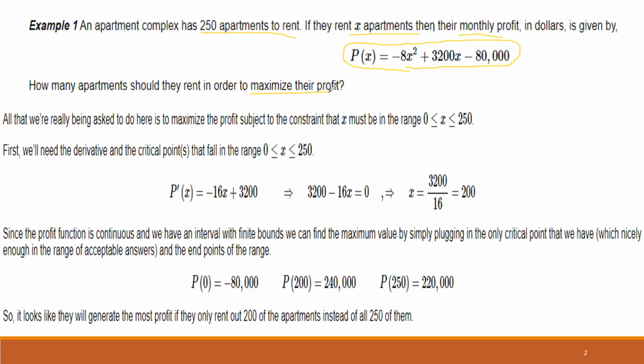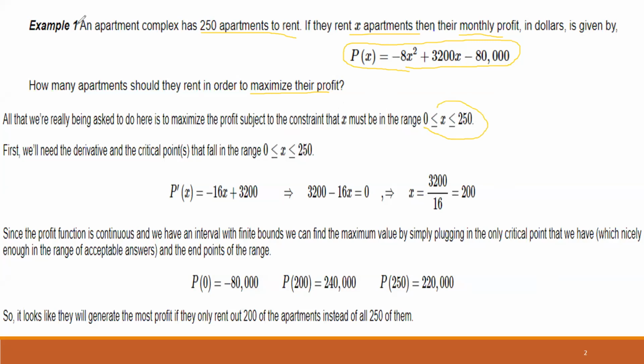Something you must note: to maximize or minimize a function, you always find the first derivative of that function, or you differentiate it once. All we are really being asked to do here is to maximize the profit subject to the constraint that x must be within the range of 0 and 250.